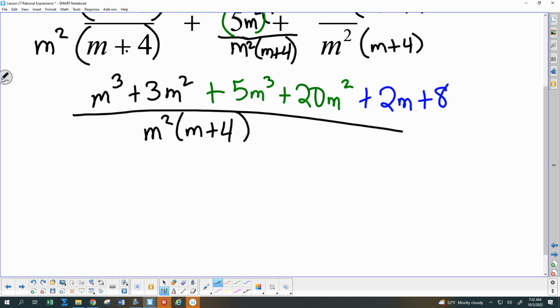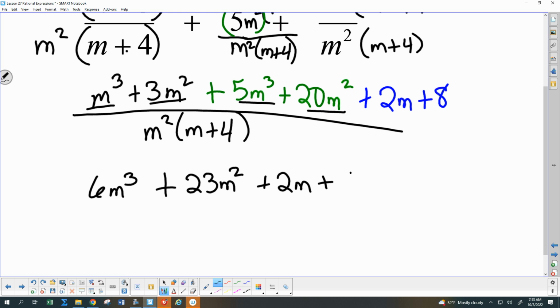So if we take these two, we have 6m cubed. And what about the m squares, Khadijah? So plus 23m squared. Do I have any other like terms? So we'll take the plus 2m plus 8.